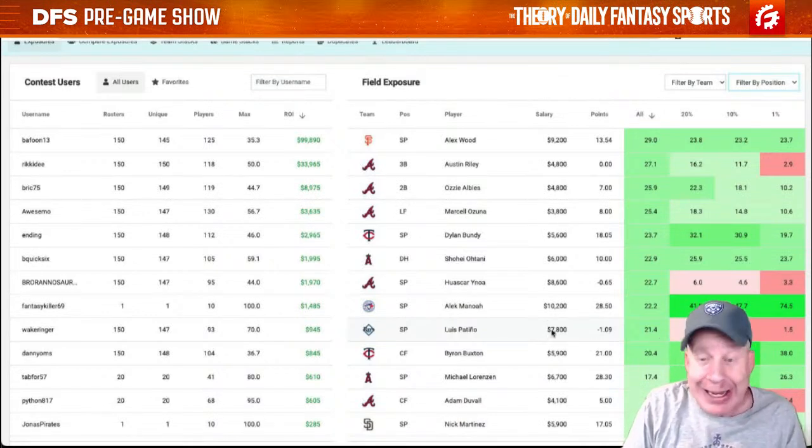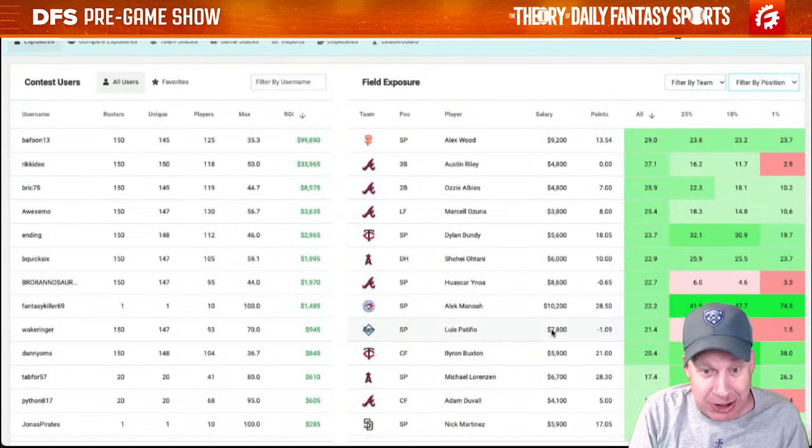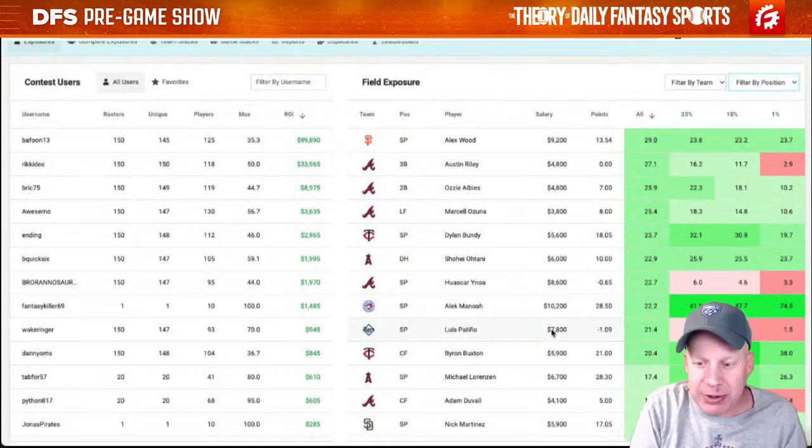I care about who's the most likely to either go 6 innings to get the quality start bonus on FanDuel, be eligible for the win, or at least pick up like 5+ strikeouts, even if he gives up some runs. Alek Manoah is like the only guy on the slate.